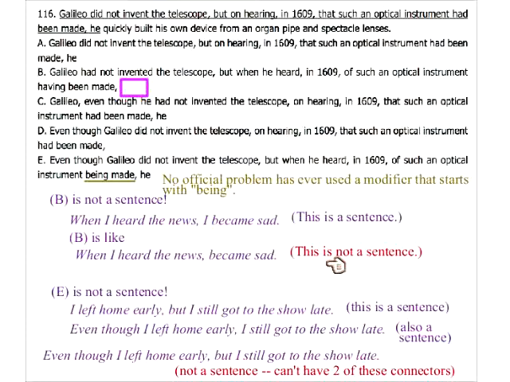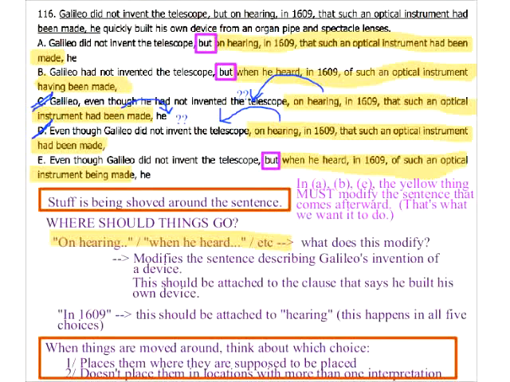So again, the main point here is this stuff. We have a modifier that is attached to different things at different points, and we want to make sure that it's attached to the right stuff and that it's not also attached to the wrong stuff. That's kind of the idea. Any questions?